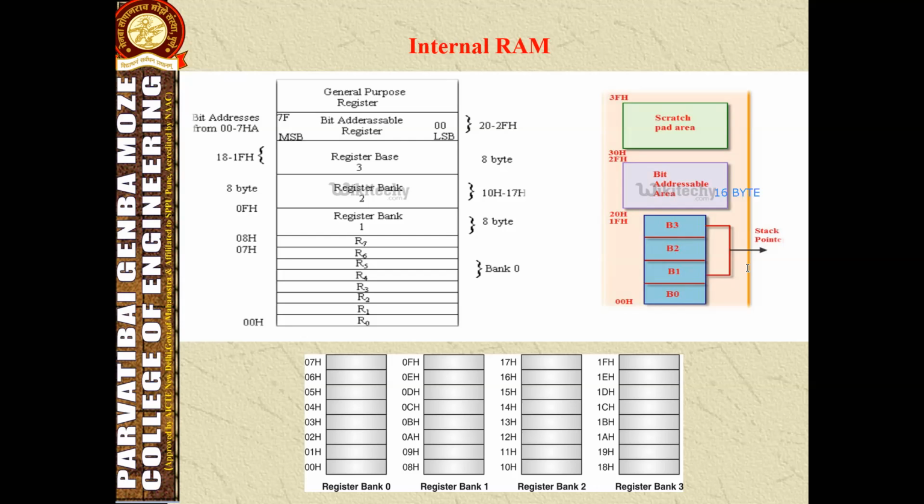When the registers R0 and R1 are used to access the external RAM, these 8 bits are treated as the LSB of the 16-bit address, and the MSB is taken to be 00H by default. This is the organization of the internal RAM.